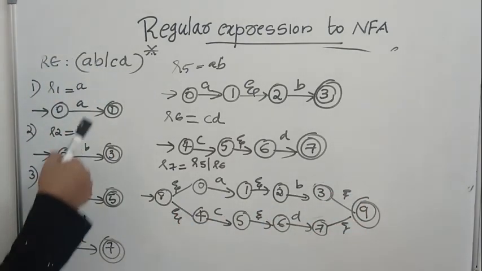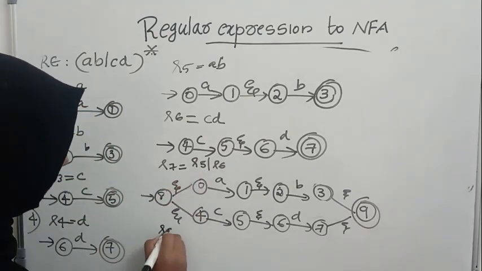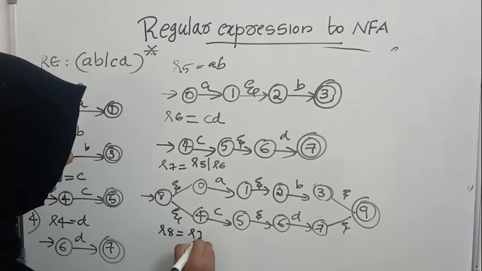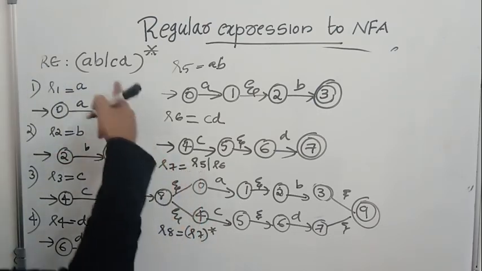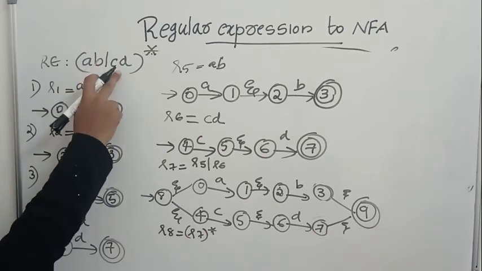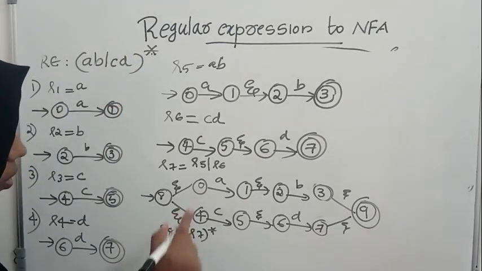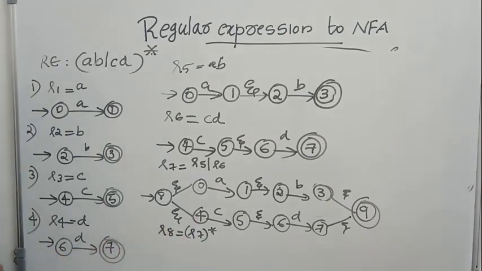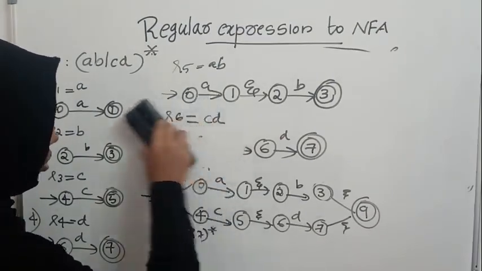Now R8 is R7 the whole star, isn't it? R5 or R6 the whole star. R5 is this, R6 is this, the whole star. For drawing the NFA for the whole star, I'll be making corrections to this NFA.